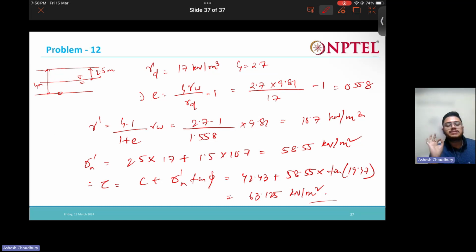Read any standard textbook, read this chapter very carefully, everything very carefully. Read about the triaxial test very carefully, and solve these problems once again. Practice these problems once again, then all concepts will be clear.